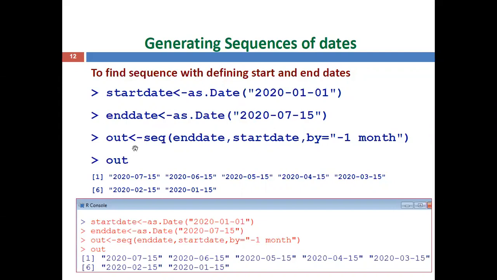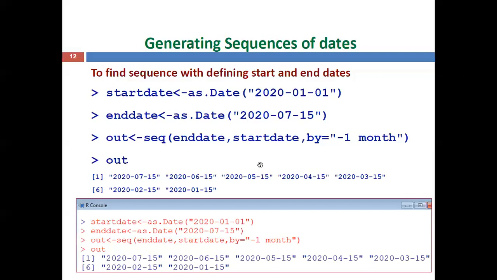Then the output is based on the sequence function. So sequence of, first we are taking end date as the first value. Then second one is start date. Then by equal to -1, decrement by -1. Then whenever you call it out, the output is displayed.